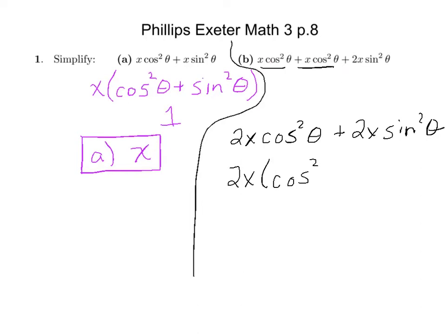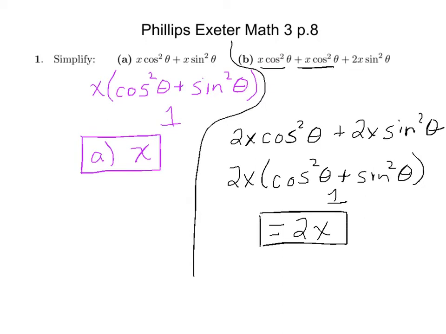Exactly. Is 1, so the answer is just 2x. So you have just cosine squared theta plus sine squared theta. That's a trig identity. It's called a Pythagorean identity because if you remember what we talked about yesterday, we can make that on a unit circle and it gives us the Pythagorean theorem. Just substitute a 1 in there because it's equal to 1. So the answer is 2x.